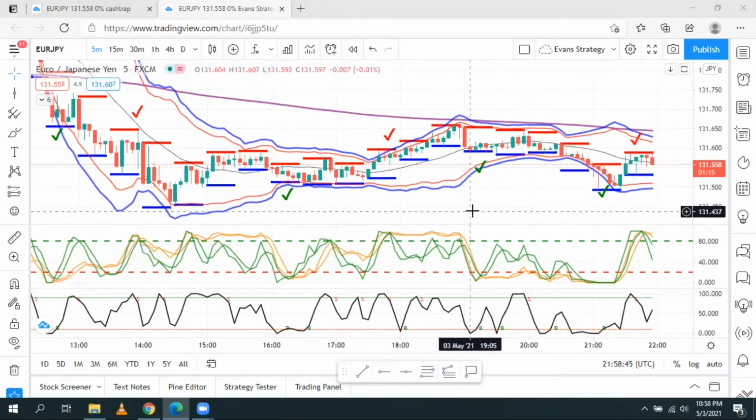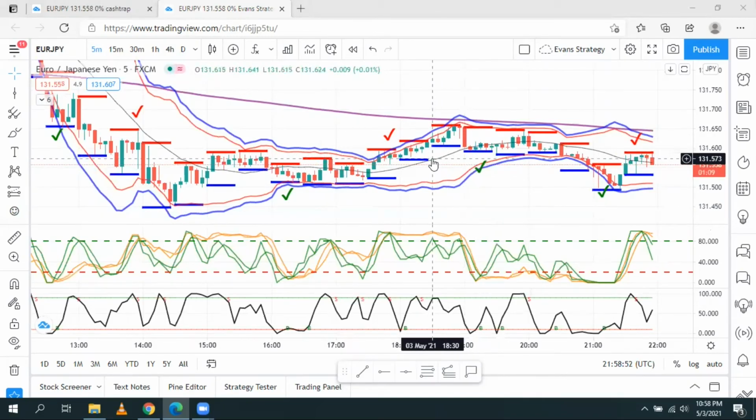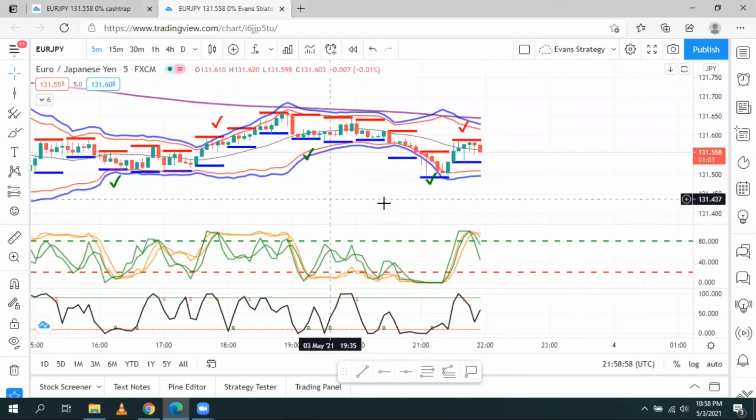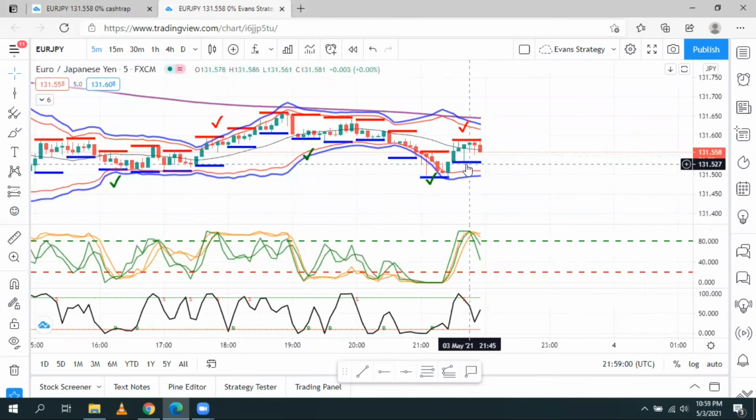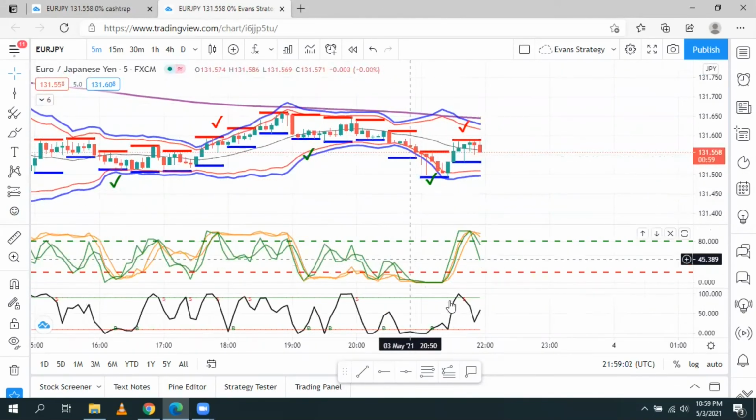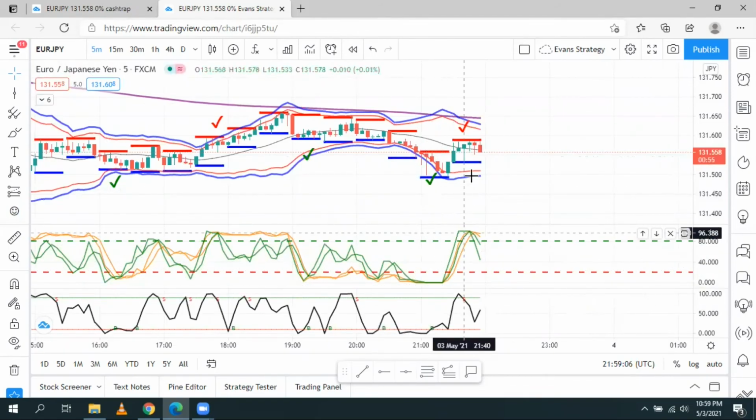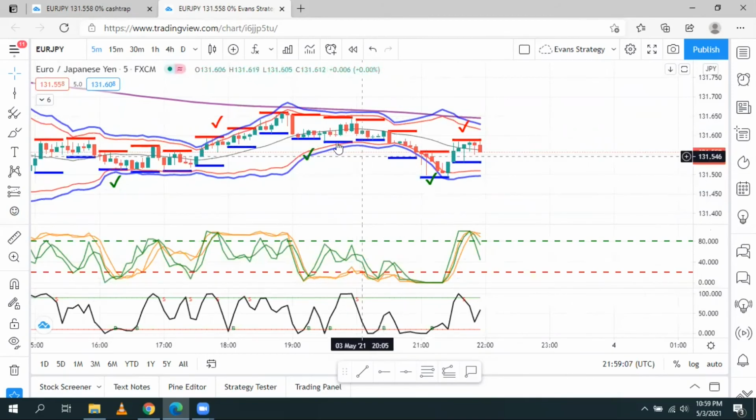That will give you an advantage, a chance to add one more indicator to this chart. So these two are going to stand as one indicator, and this one will stand as one indicator.